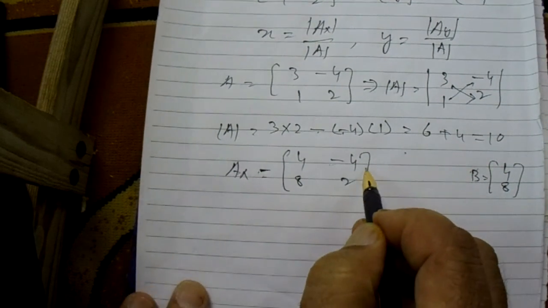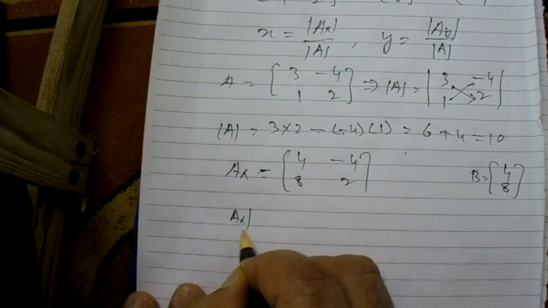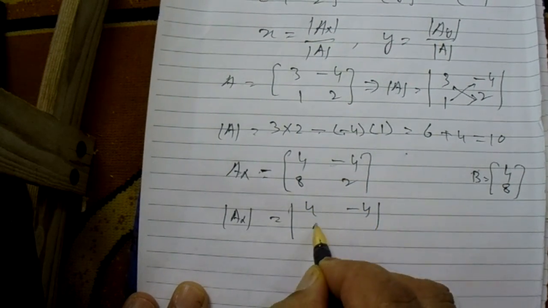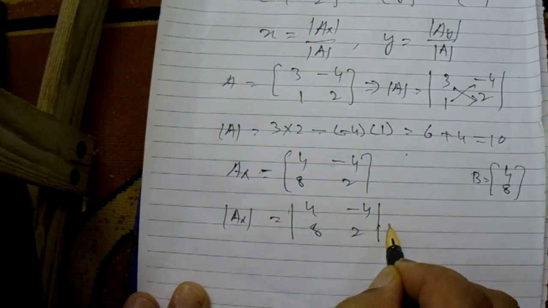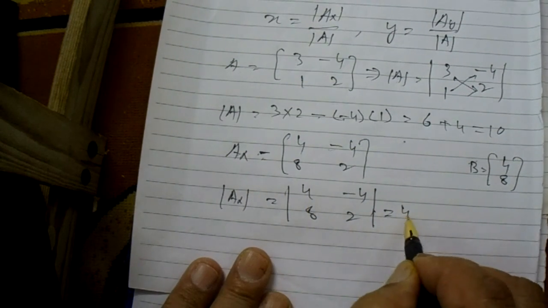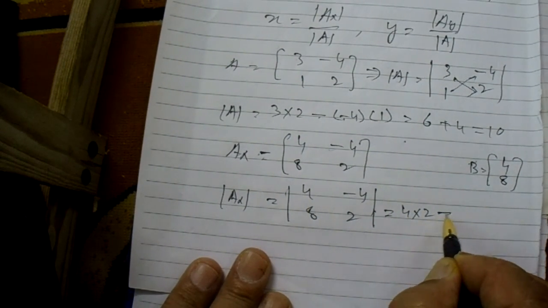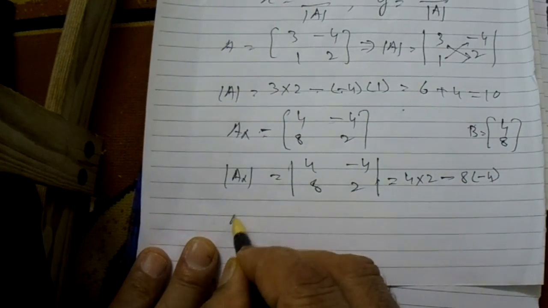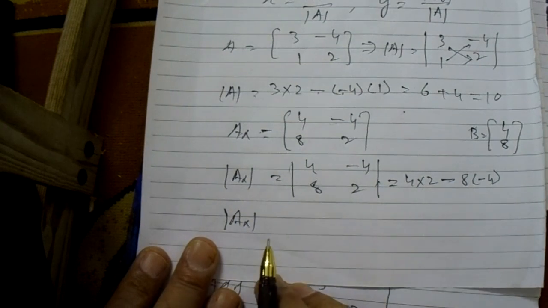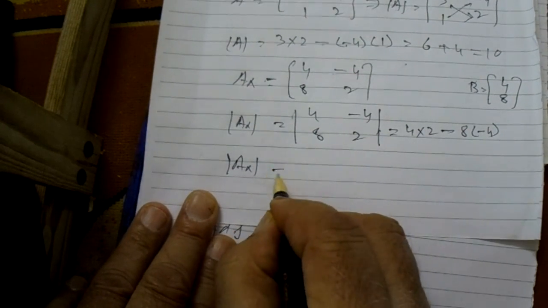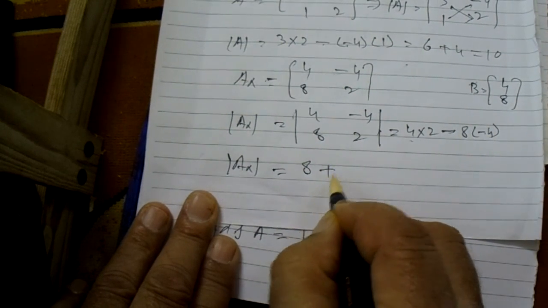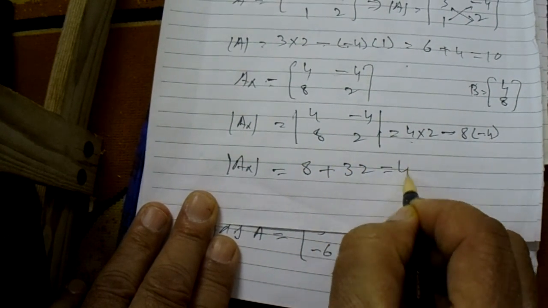Now determinant AX is equal to 4 multiplied by 2 plus 8 into 4. Again 4 2s are 8, and this minus minus plus, and 32, is equal to 40. Now determinant AX is equal to 40.